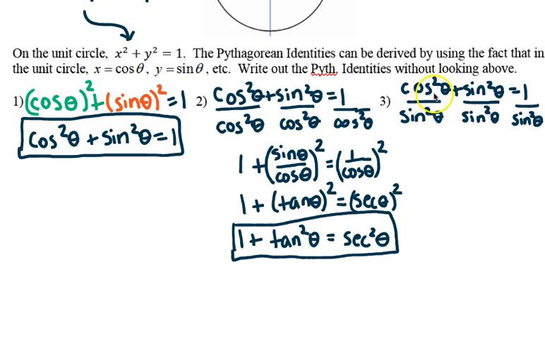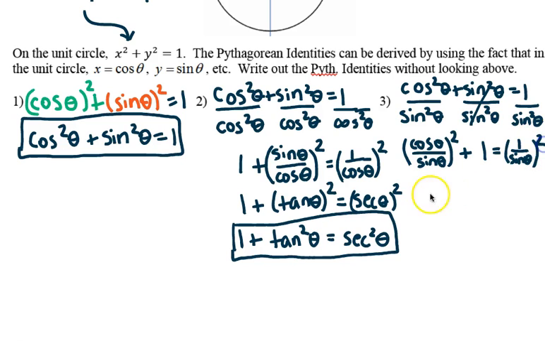We can rewrite cosine squared theta divided by sine squared theta where we just have that cosine theta over sine theta inside the parentheses, and we're going to square that quantity. Plus, this just becomes 1, and then we would have 1 over sine theta, and that whole quantity squared.